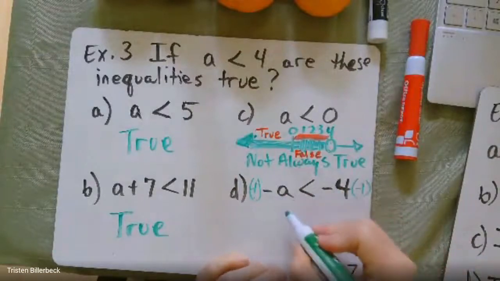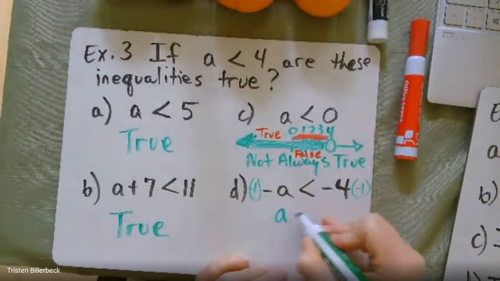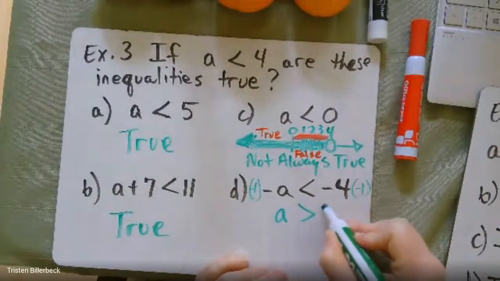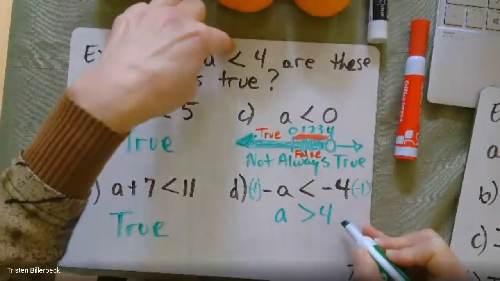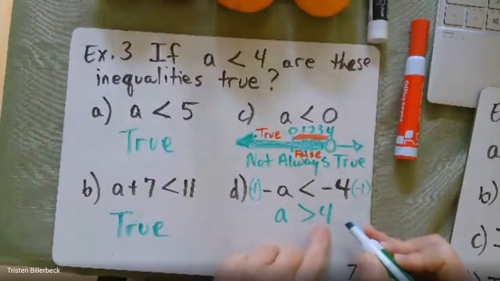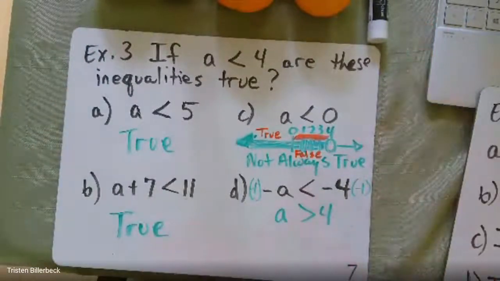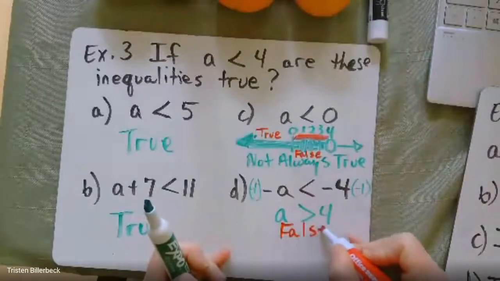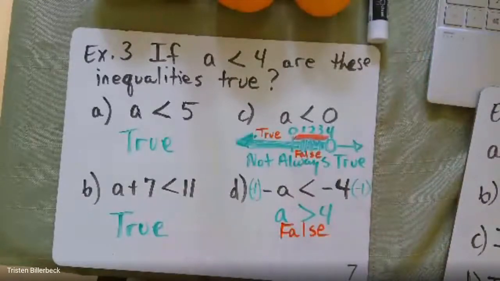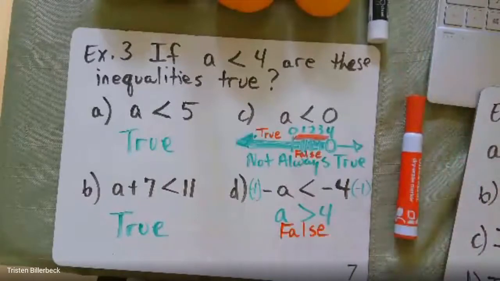That's right, it flips. So we have A is greater than 4. This says A is less than 4. This says A is greater than 4. This says false. So there you go.